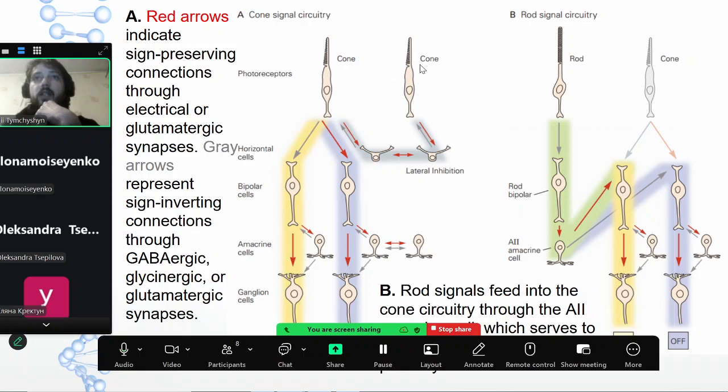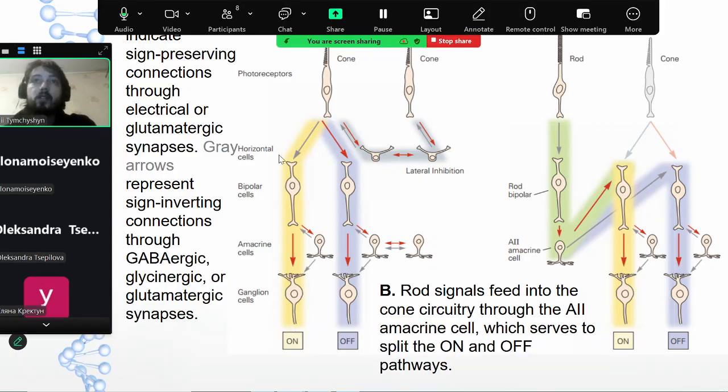So here you see once again these structures. These are the circuitry for rods and for cones. Here you see once again these bipolar cells, and different arrows indicate some action. Red arrows indicate so-called sign-preserving connections: the higher the signal, the higher the response of the cell. And gray arrows show sign-inverting connections through GABAergic, glycinergic or glutamatergic synapses.